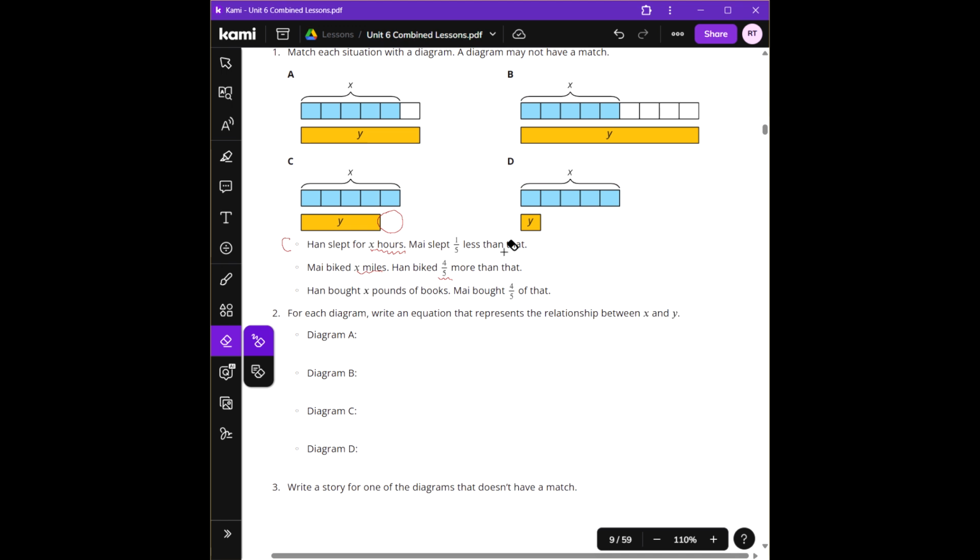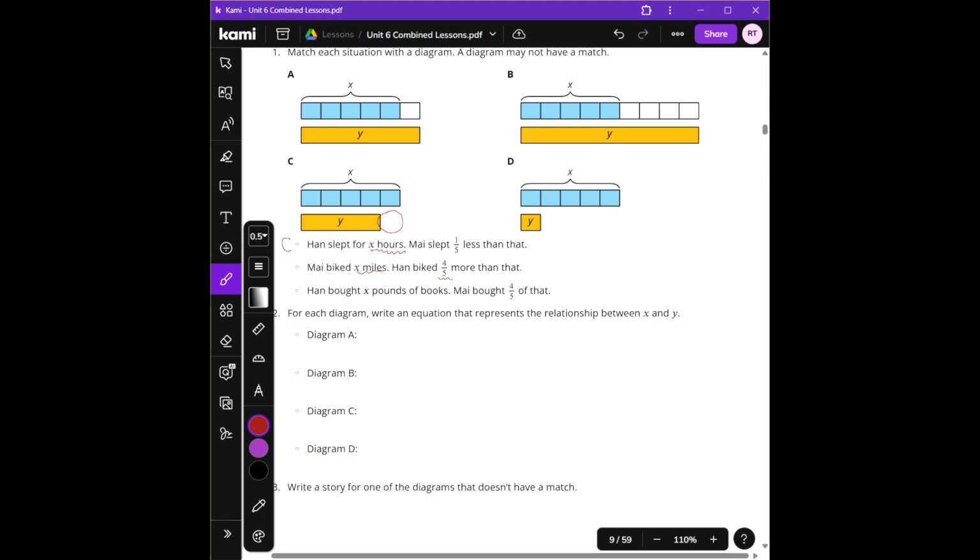So here we've got, we need to look at our X, and then we have to add 4/5 more.